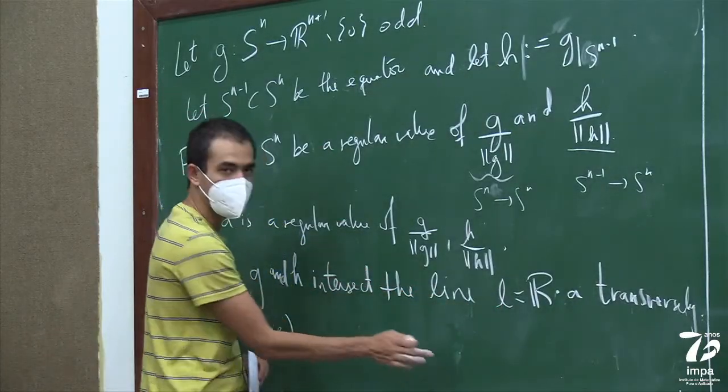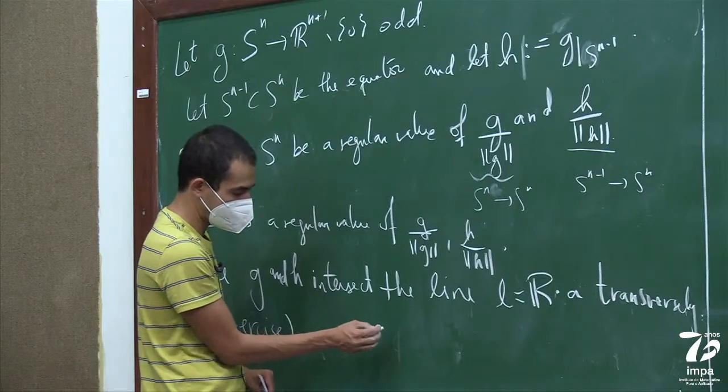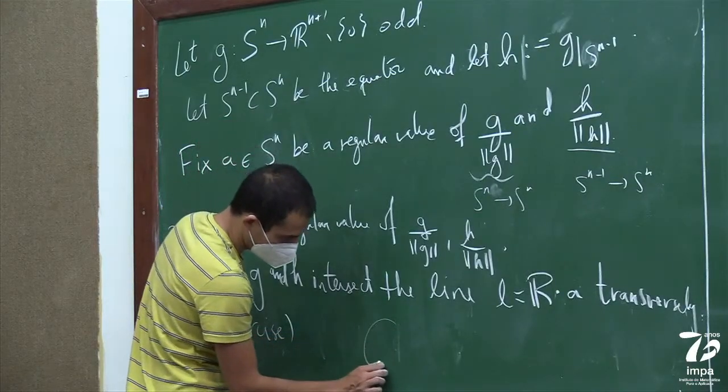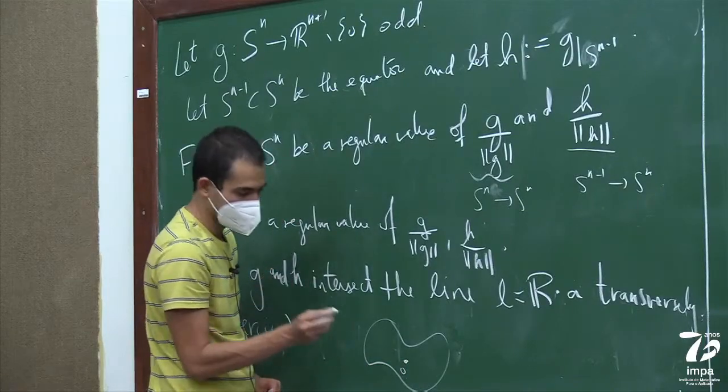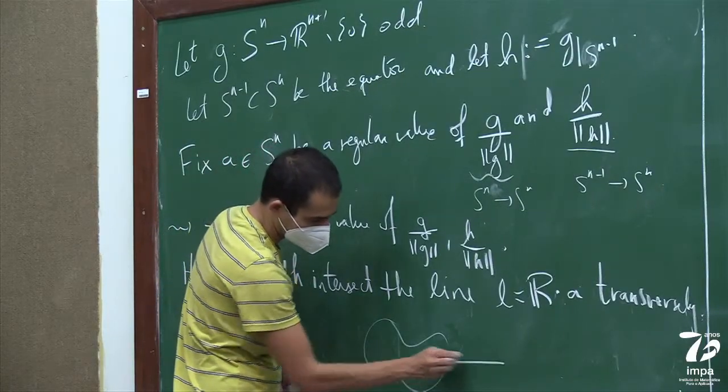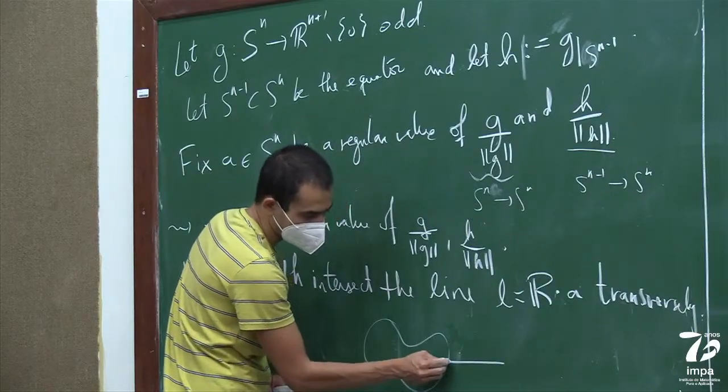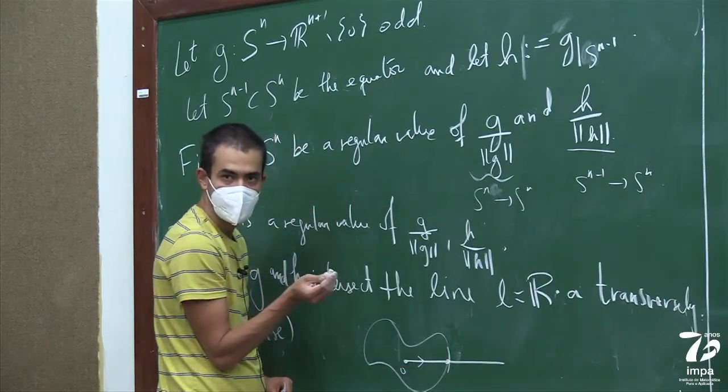So I kind of drew the picture in one dimension last time, but if you think about your sphere like this, and here's your 0, and you take a line in a certain direction, the line will intersect the surface.